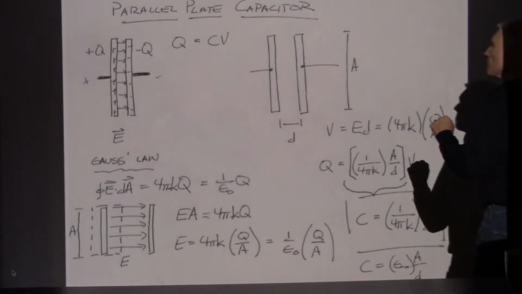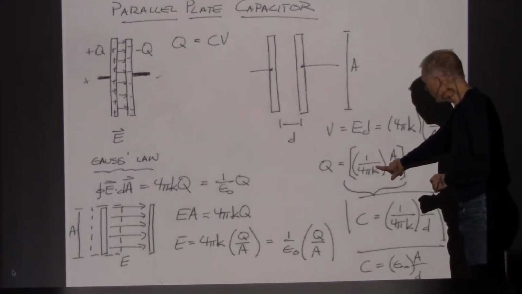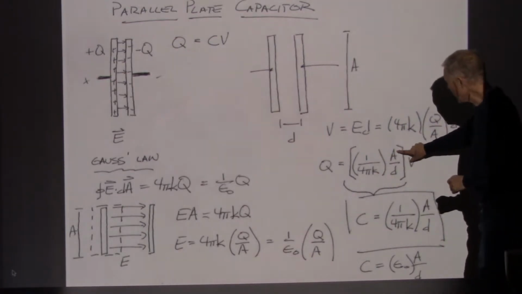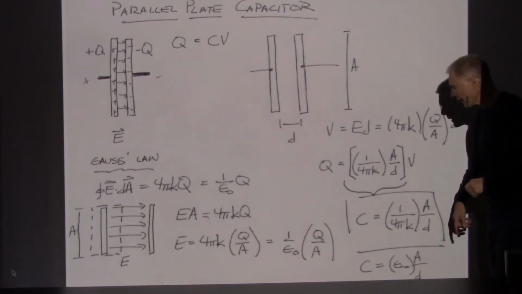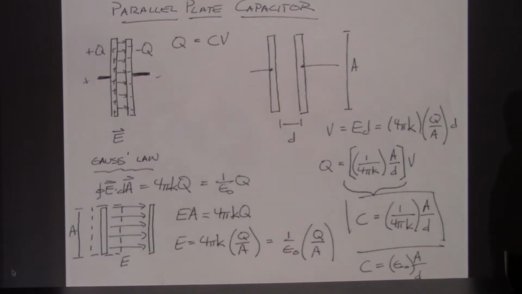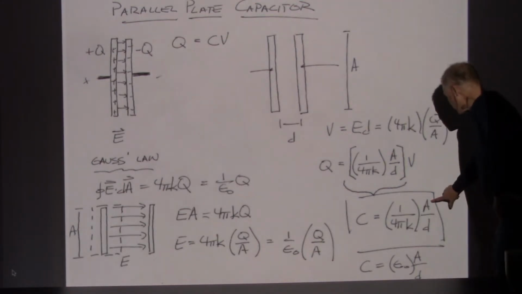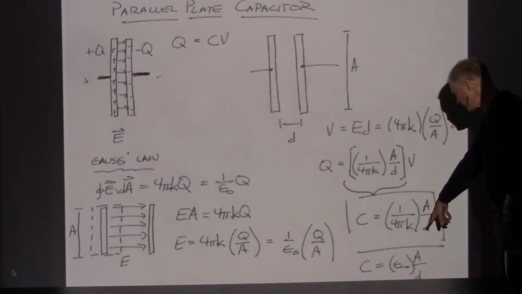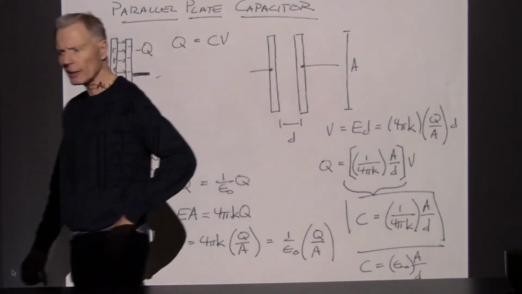So how much capacitance will we have? It's going to be given by 1 over 4 pi k times the area divided by D. This is my capacitance formula for a parallel plate capacitor. That's it. We're just getting a formula, and it's also given in terms of epsilon naught. So that's my formula for a capacitor.